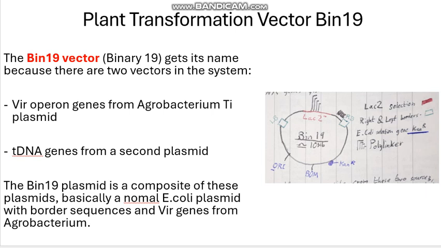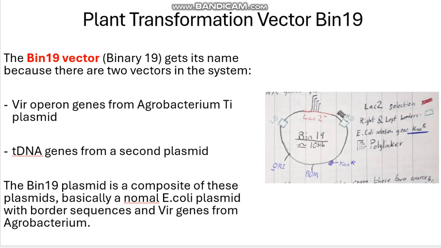The Vir operon genes in the binary system come from the agrobacterium TI plasmid, and they are contained within what we call a PAL4404 plasmid, and the tDNA genes come from a second plasmid from our E. coli that we just call the transgenic Bin19 plasmid. So the Bin19 plasmid is a composite of these.